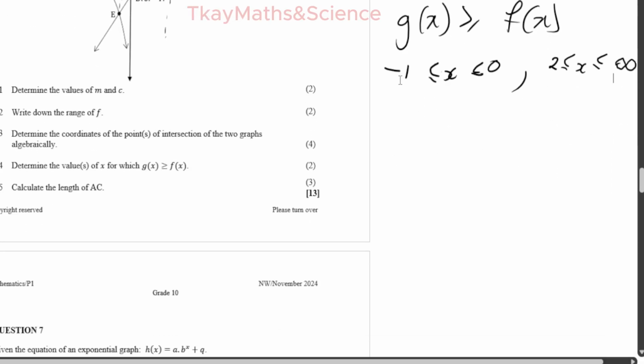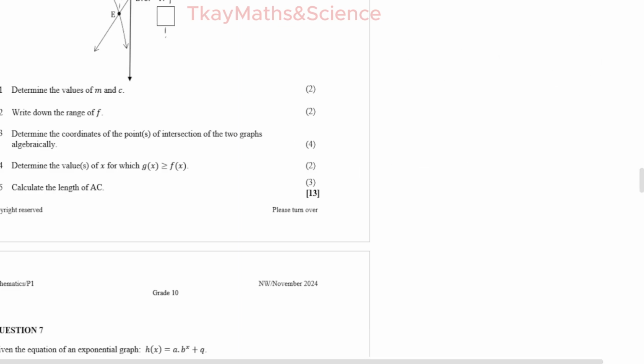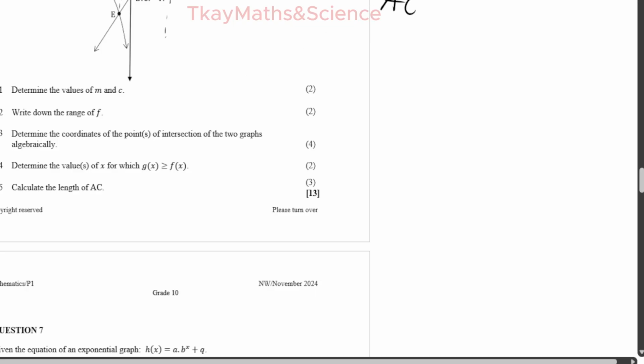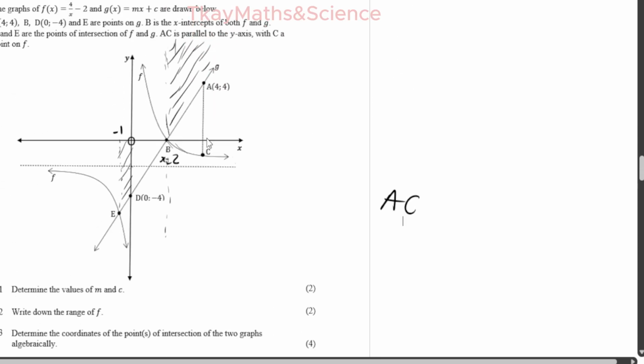The next one is requiring us to calculate the value of AC. So where is AC? AC is this value. We have this point and this point, right?